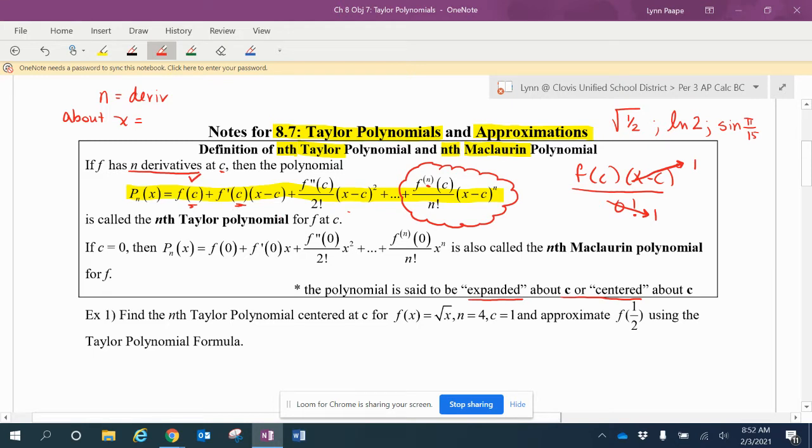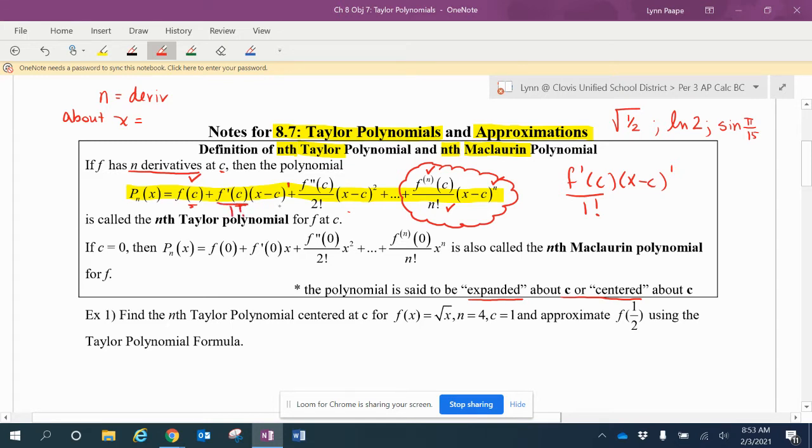Then if we're looking at f prime of c, again we don't have everything attached that follows this pattern, but it is there. f prime means the first derivative, so the power would also be 1, and then we would be dividing by 1 factorial. That's where all of these pieces fall into place.